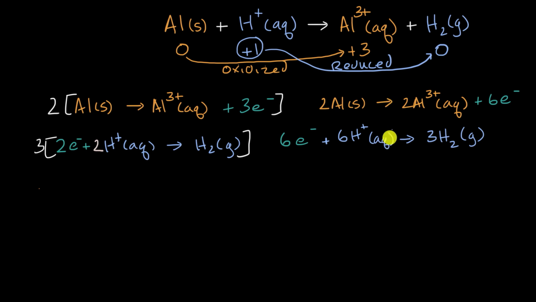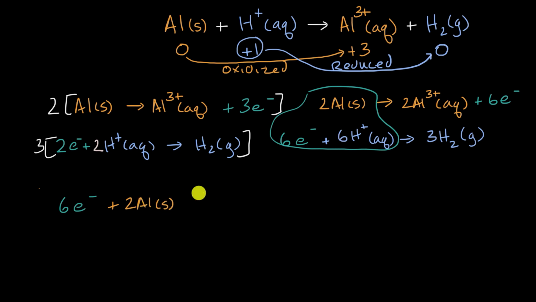And now I'm going to add these 2 half reactions. And if I add the 2 half reactions, what do I get? And let me do it down here. So on the left-hand side, I'm just going to add up all of this stuff right over here. So I'm going to get 6 electrons plus 2 aluminums plus 6 hydrogen protons.